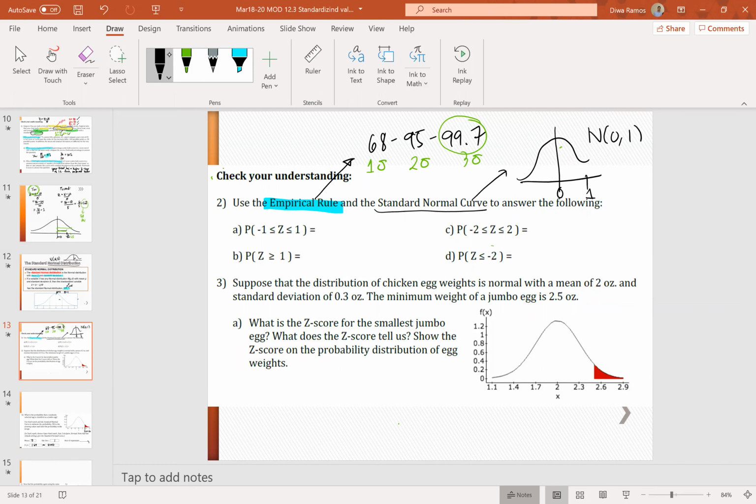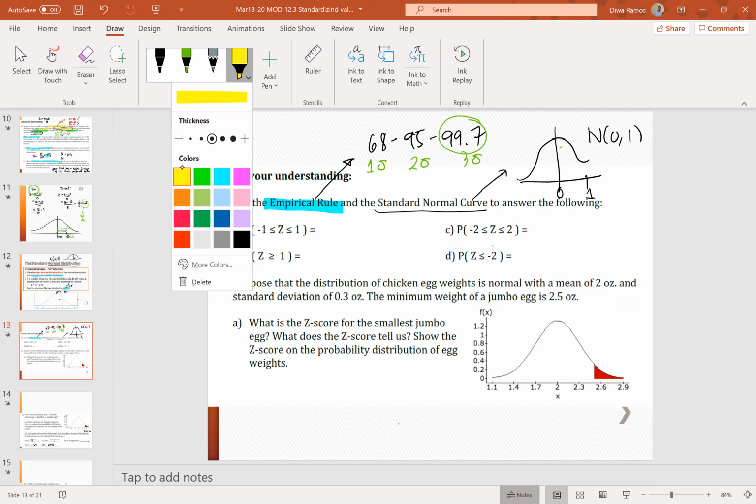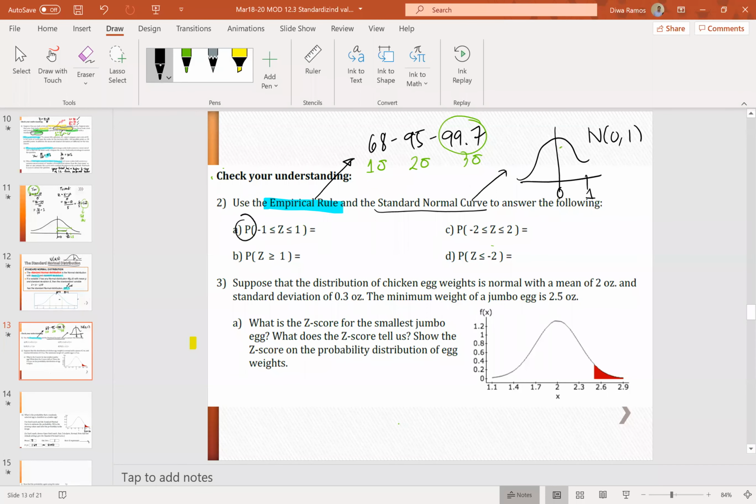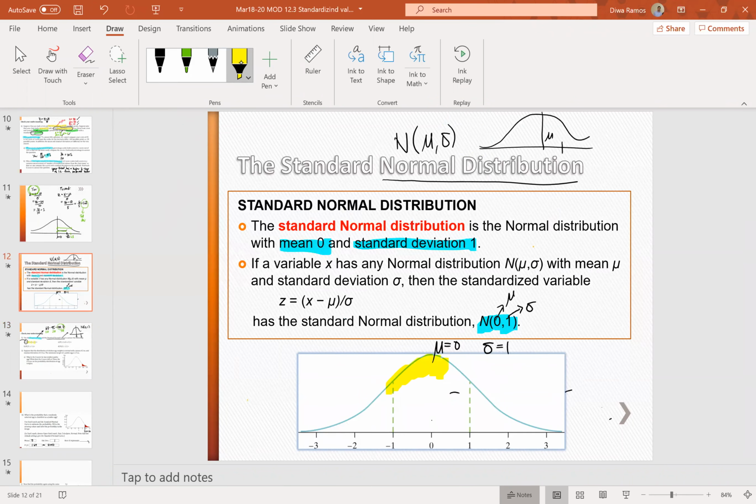To answer the following question: what is the probability, where P represents probability, that your z-score is between -1 and 1? So we're looking at this area here. That's a z-score of -1 and 1, isn't it? Because this is a z-axis here.